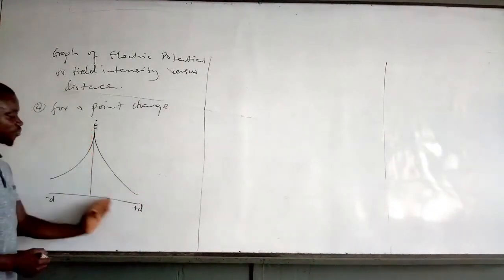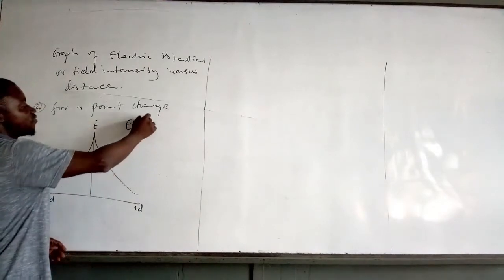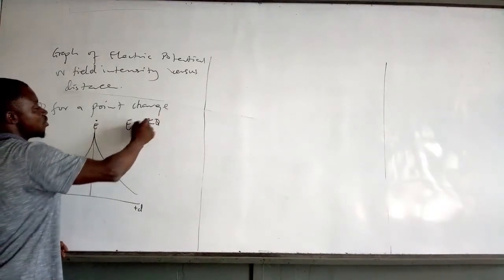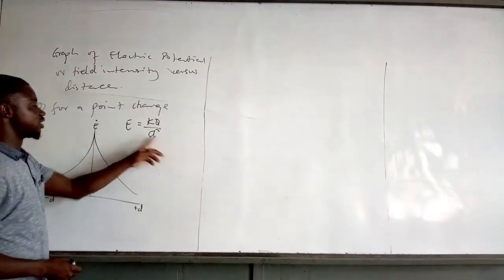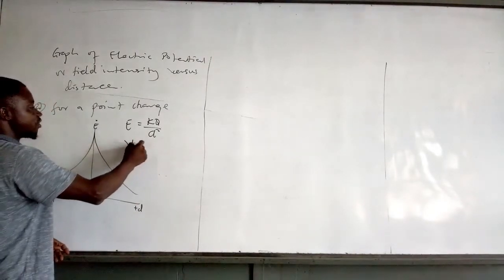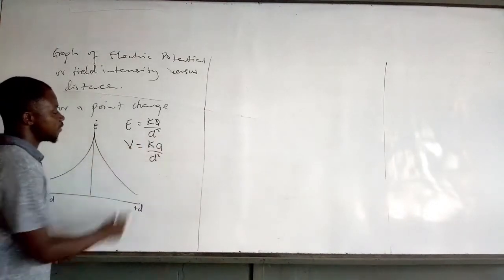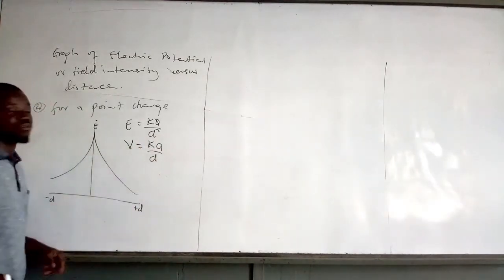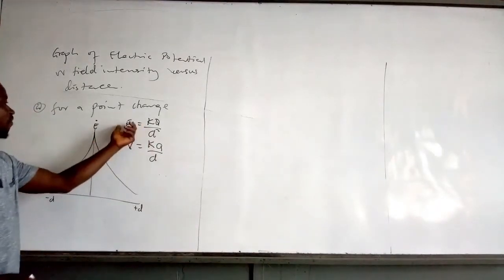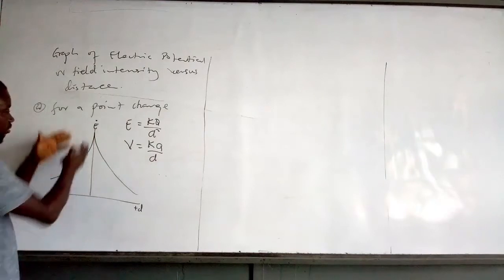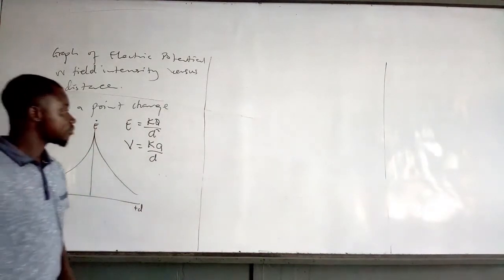The same way, the electric potential also decreases with distance. Why? Because the field intensity is given by KQ over D squared, so it is inversely proportional to D squared. And the potential V is equal to KQ over D, right? Good. So when you sketch the graph of field intensity or electric potential, the two of them will give you the same thing like this for a point charge.